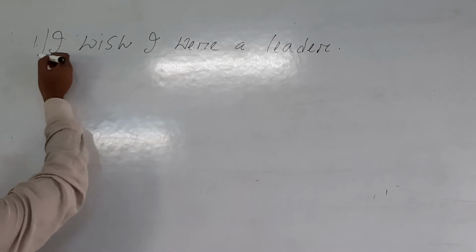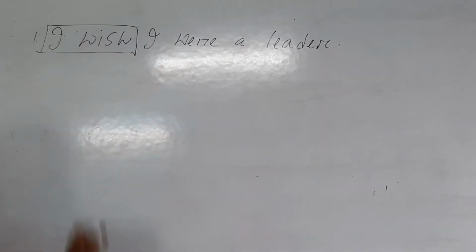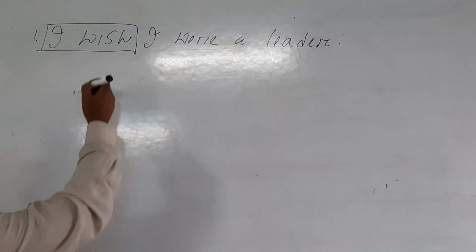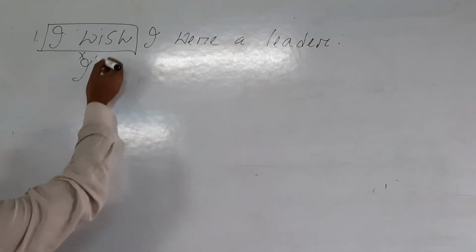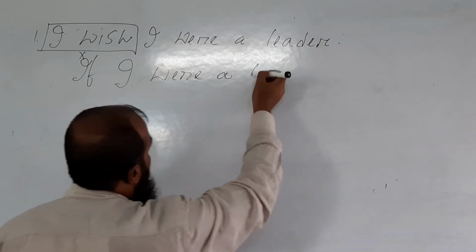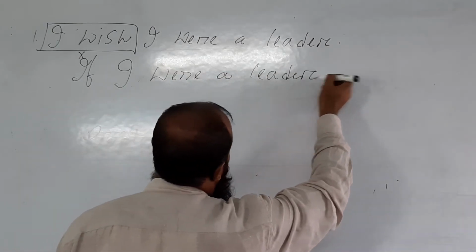The sentence starts with subject and wish. So if any sentence starts with subject and wish, just omit subject and wish and use if. So the answer is if I were a leader, and note of exclamation.